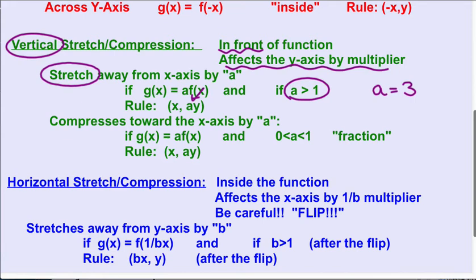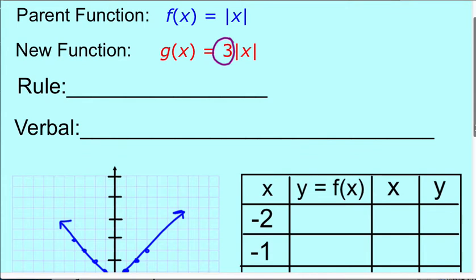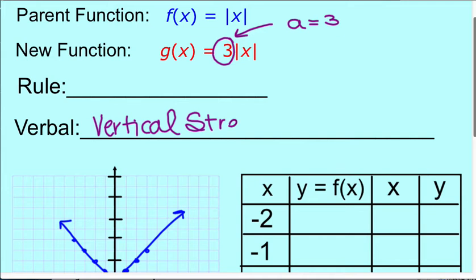So that's our rule. All right, so pause if you need to. Let's head back over to our problem. So here's our 3. That was our a, which equaled 3. Our verbal is vertical stretch by 3.